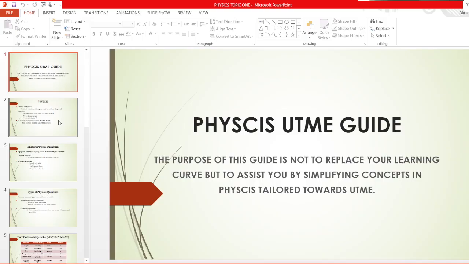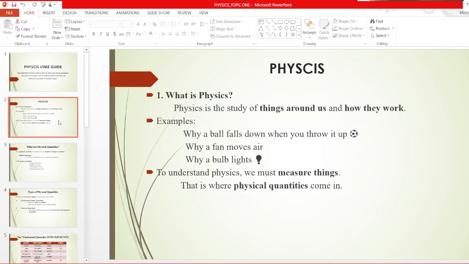So let's start. What then is physics? We're going to be looking at what is physics. It's very important. Physics is basically the study of things around us and how they work. So physics means we are investigating how things go around us and how they work. Take for instance, why a ball falls down when you throw it up.